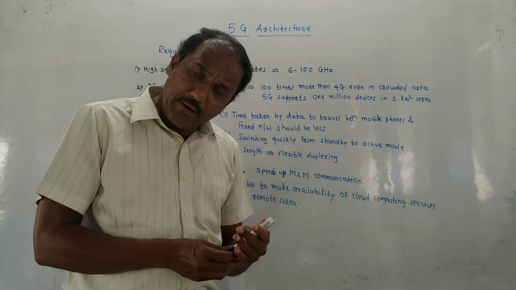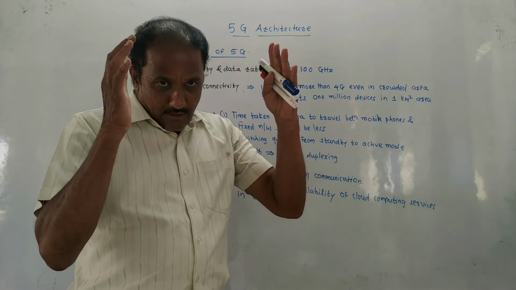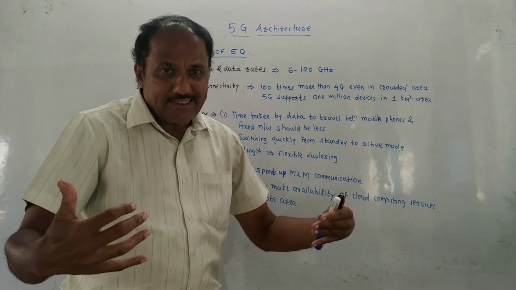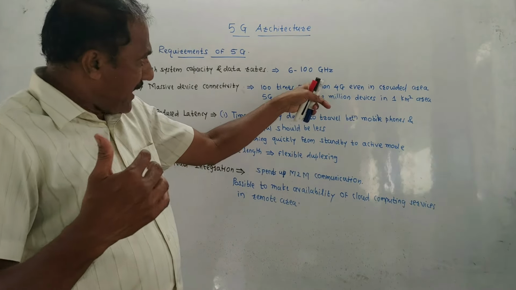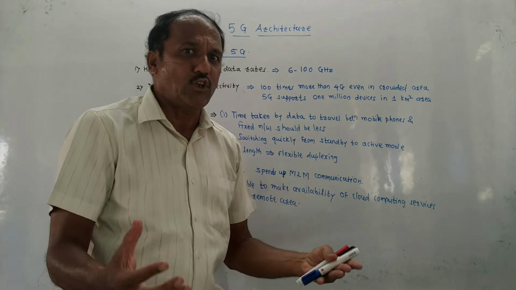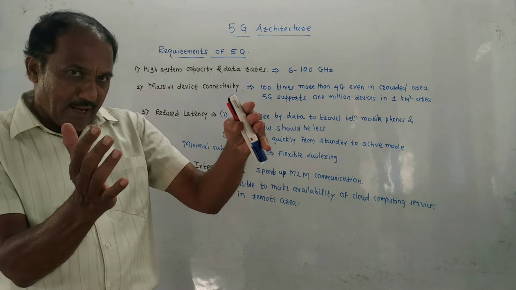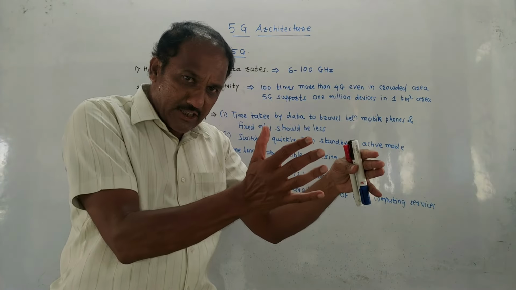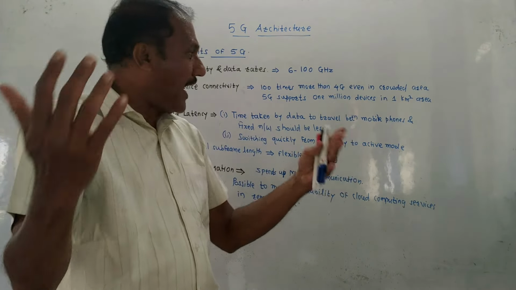But an important parameter is that if you are operating the system in such a higher spectrum, it should be compatible with the earlier technology. That means it should be compatible with the previous generation technology, that is 3G and 4G.